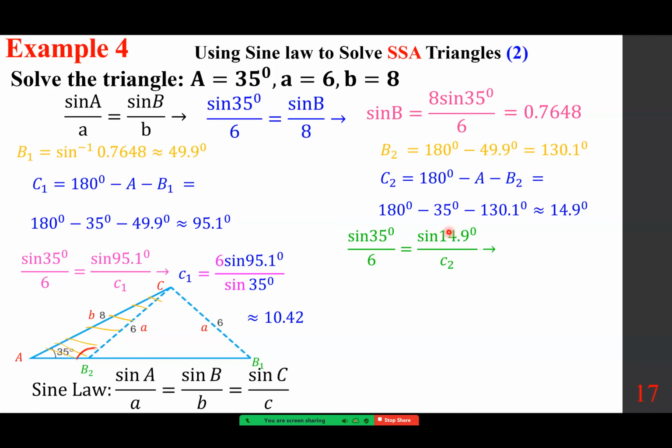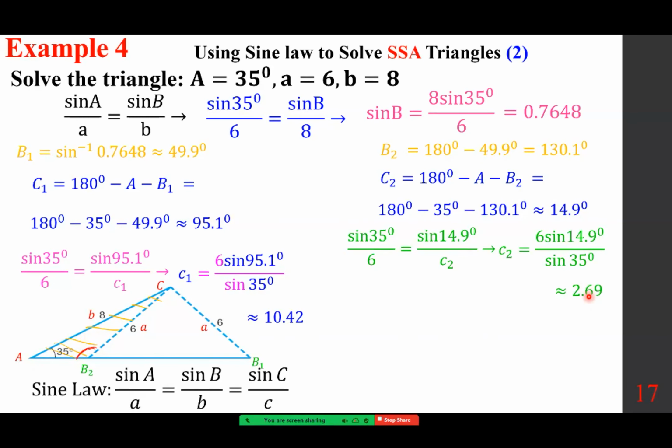So the product of these two divided by sine 35 gives you c sub 2. Use a calculator: 6 times sine of 14.9 degrees divided by sine of 35 degrees. With a bunch of decimals, it gives us 2.69, which means this distance, AB2, is 2.69.